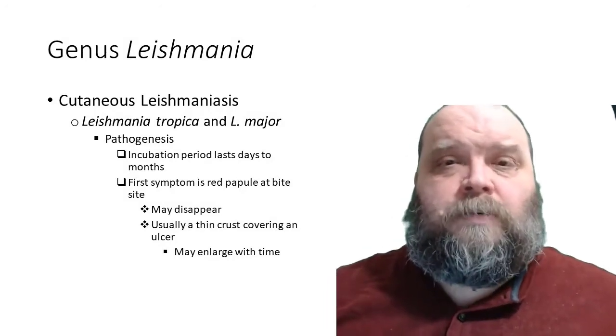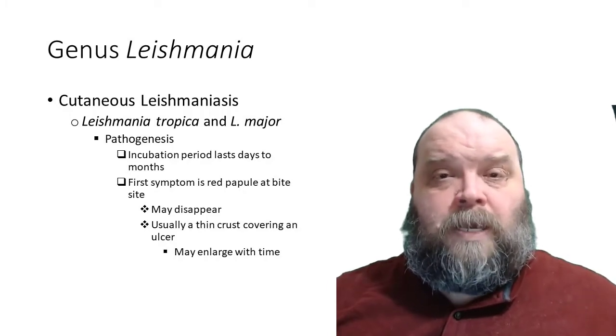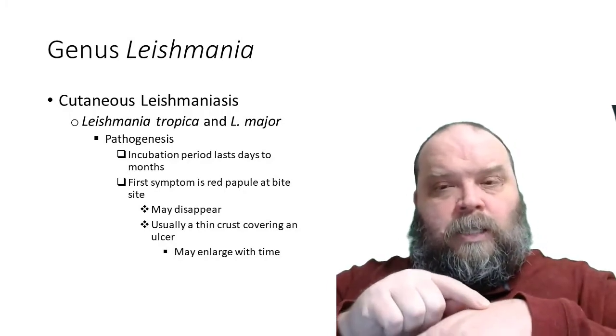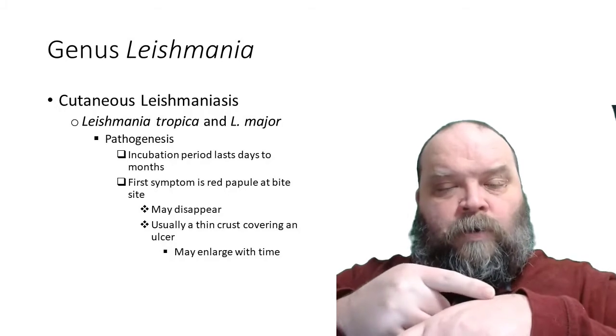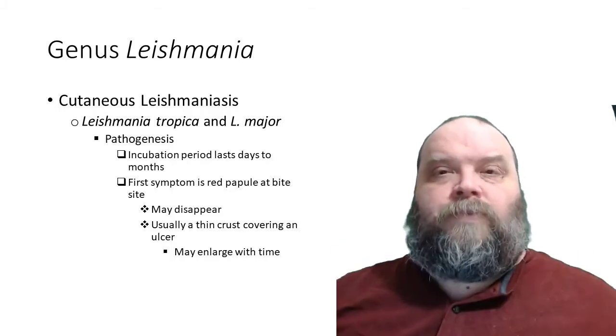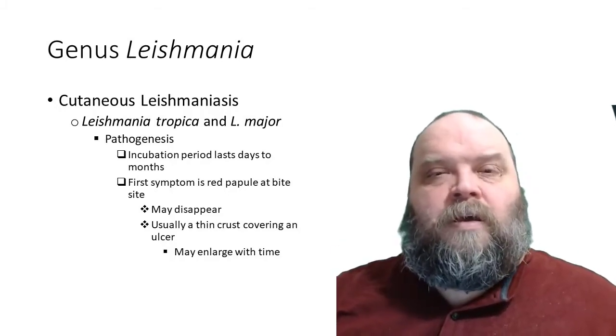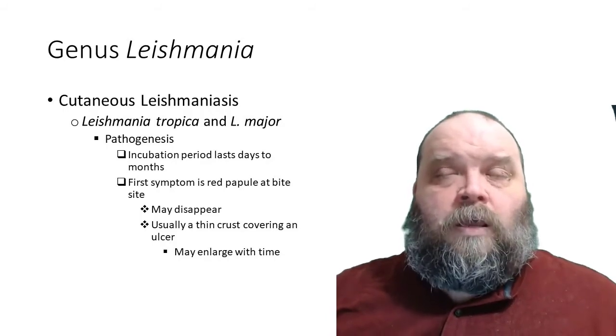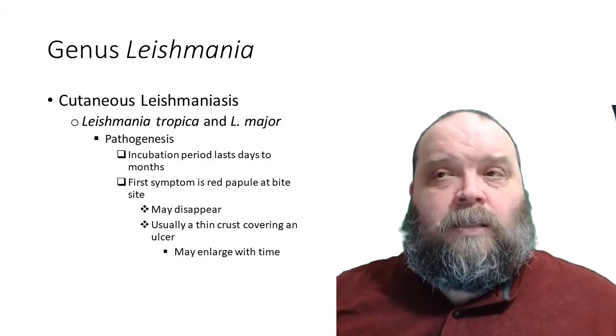With cutaneous leishmaniasis due to tropica and major, you could actually get a slight crusting over, a scabbing over, and then underneath it, an ulcer a few millimeters deep. If it continues on, it may get larger and larger.